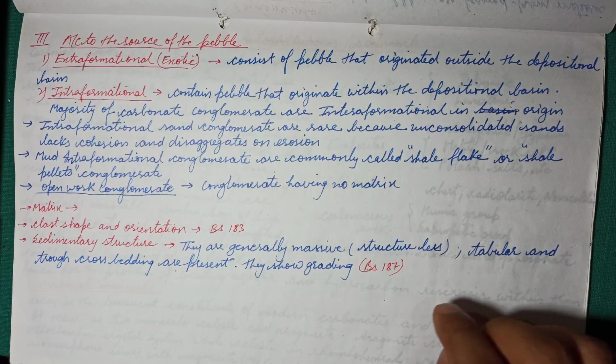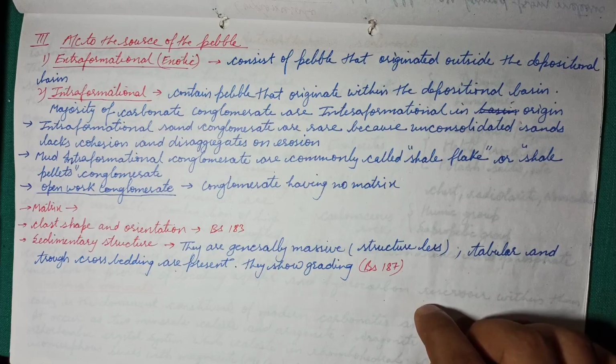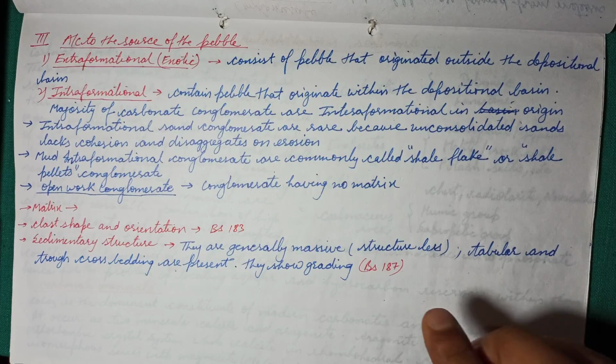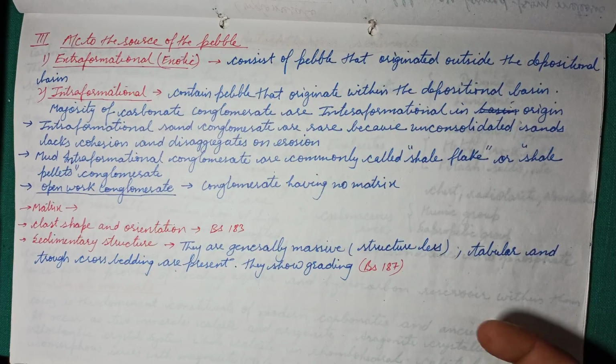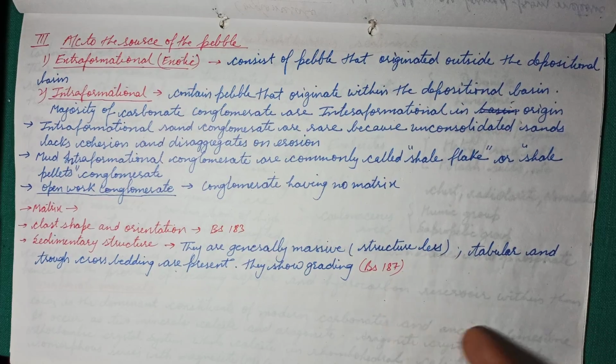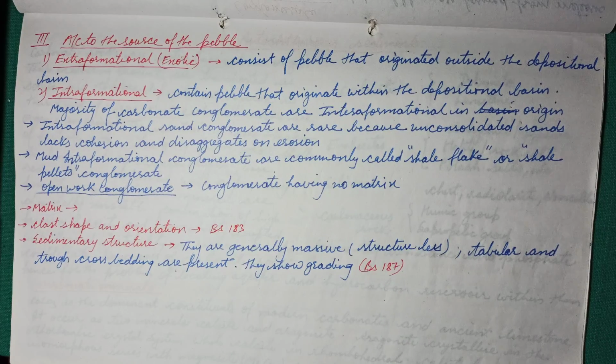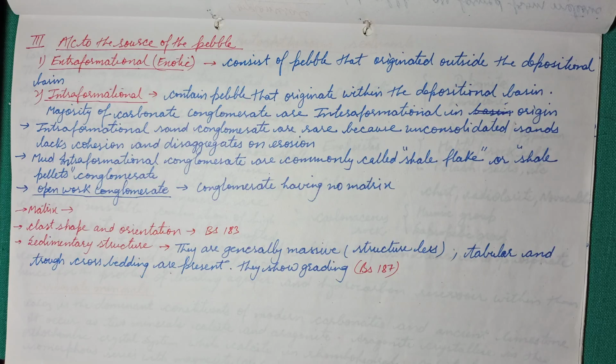So this one erodes, disintegrates, forms the size of pebble, and they form conglomerate in that sedimentary basin itself. So these are intraformational, containing pebbles that originate within the depositional basin, in the same depositional basin. So this is how intraformational conglomerate forms.